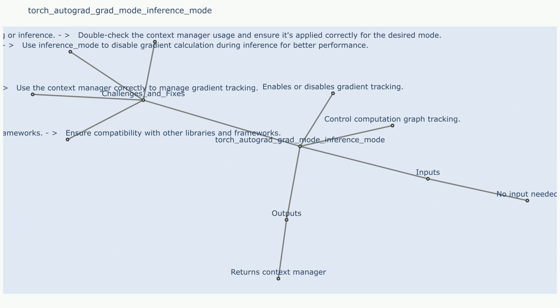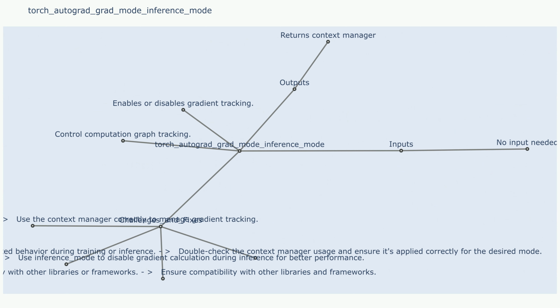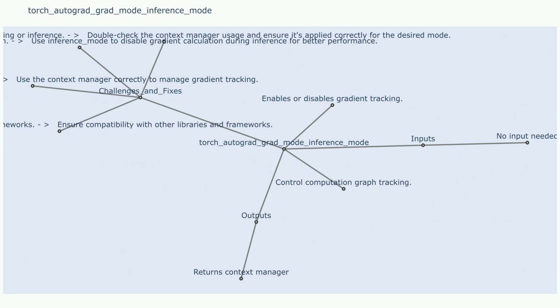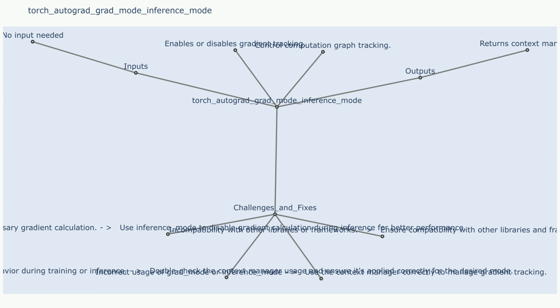Challenges and fixes. Challenge 1. Unexpected gradient calculations during inference. Sample use case: attempting to perform inference on a model without explicitly disabling gradient tracking. Fixes. Use torch inference mode or torch no grad to disable gradient calculations during inference. Challenge 2.